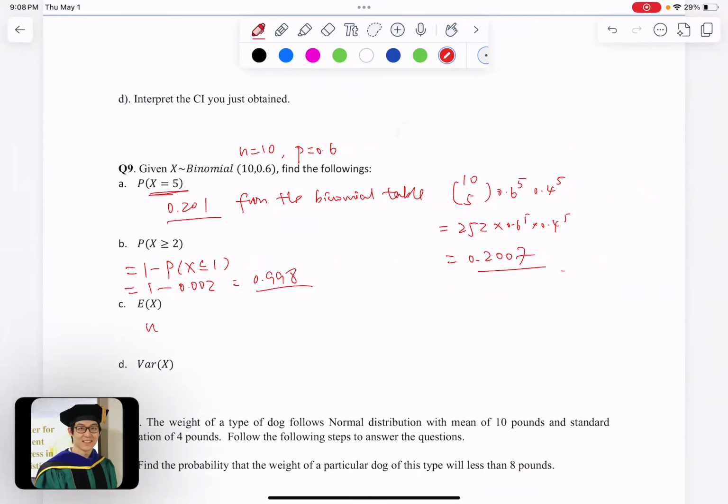And then expected value is n times p, so 10 times 0.6, so that's 6. Variance n times p times 1 minus p, 10 times 0.6 times 0.4, so 2.4.